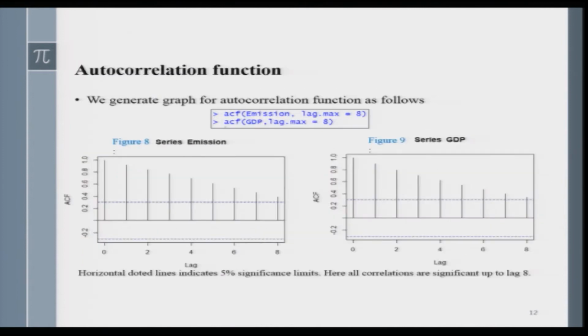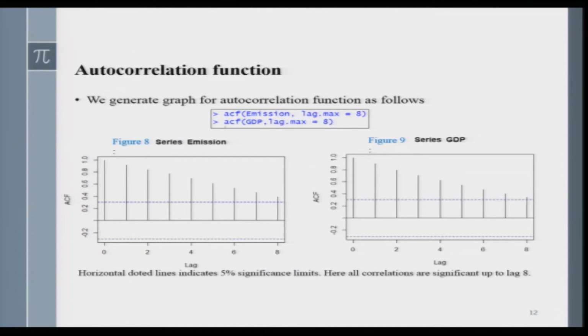Now, we are going to talk about the autocorrelation function, and how it can be used to check stationarity. First of all we have to ask R to compute the autocorrelation function from the sample data. R can help us draw the sample autocorrelation function diagrams, which in theory are called correlograms.